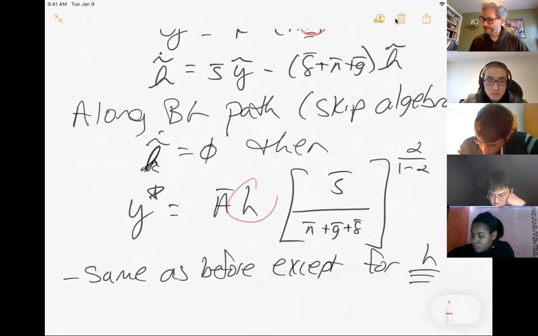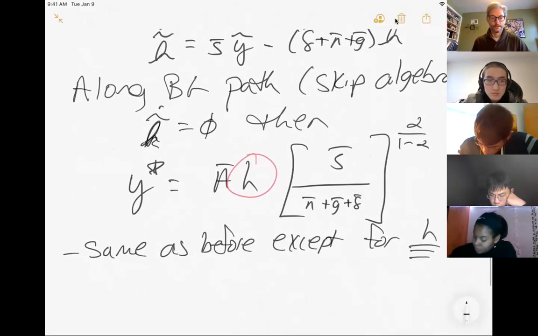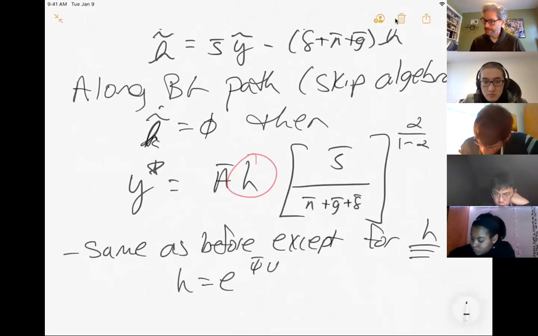So once again, this is exactly what we found before. What's the difference now? There's just this H in here. Remembering that H is just based on what your education rate is and what your return to education is.